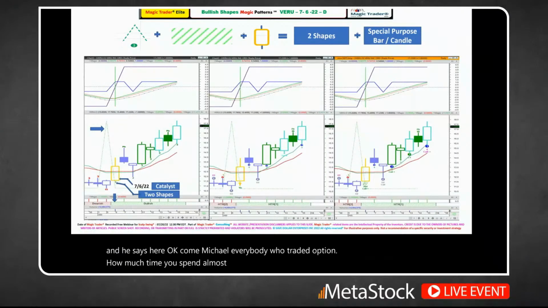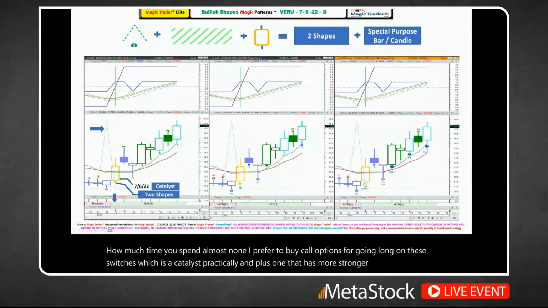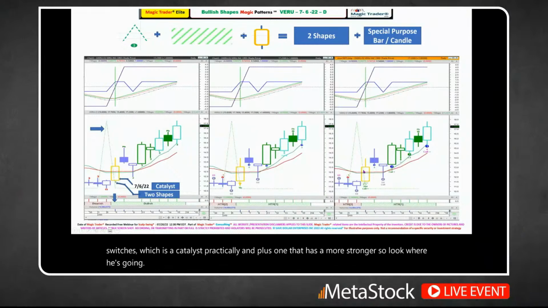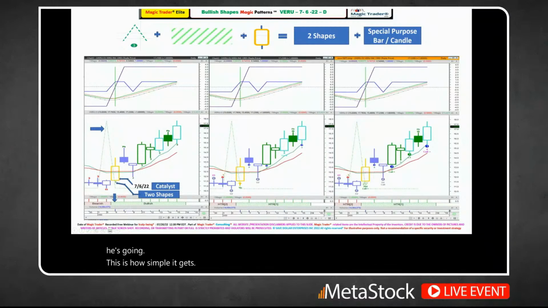I prefer to buy call options or go long on the switches, which is a catalyst practically, and a plus one that is stronger. So look where it's going. This is how simple it gets. But then you want to make a projection, implied volatility, this, that. We have all of that, but make it simple.